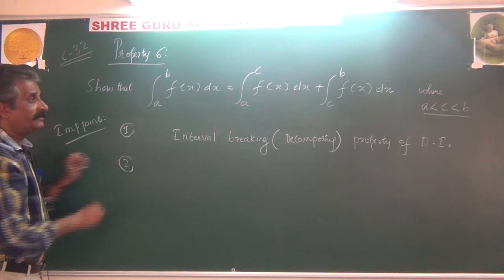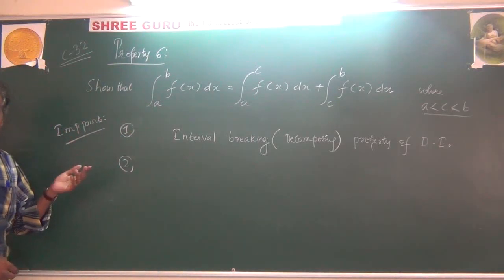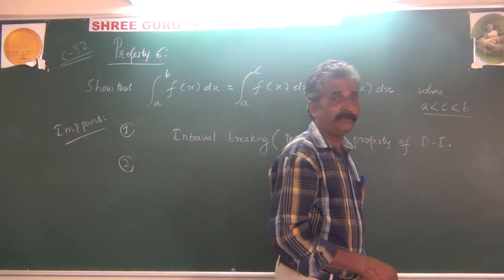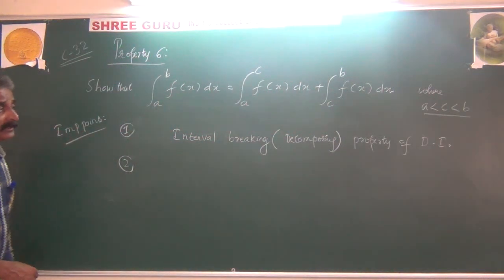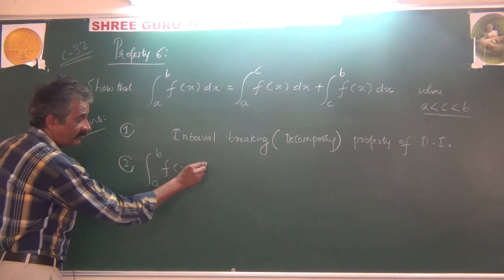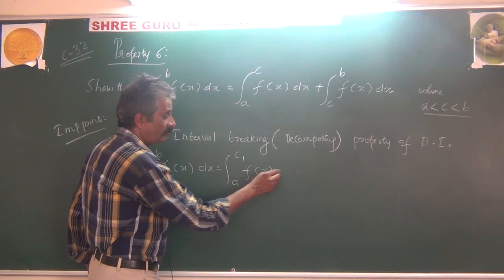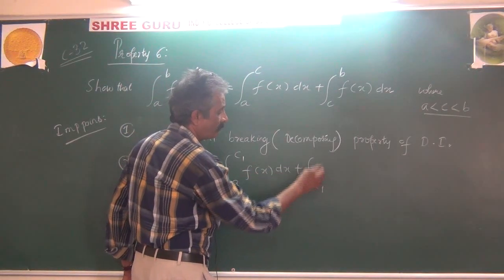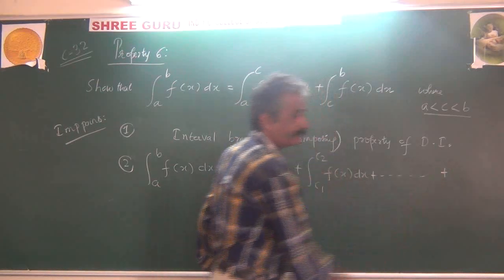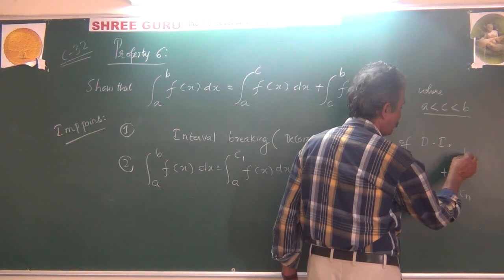Second one: this property can be extended for any number of intervals, 3 intervals, 4, 5, 10 intervals, depending on the requirement of the problem. The above property can be extended as integration a to b f of x dx equals integration a to c1 f of x dx plus integration c1 to c2 f of x dx and so on, lastly integration cn to b f of x dx.